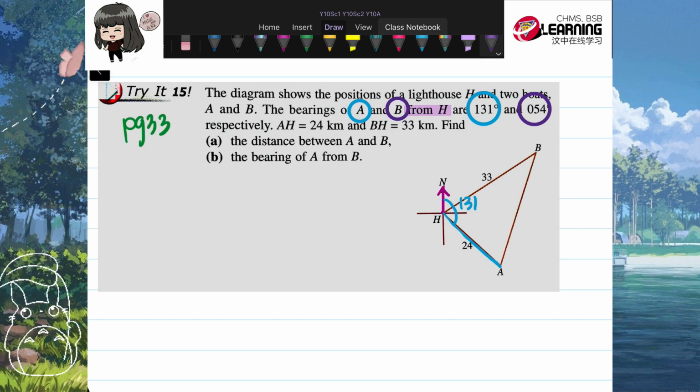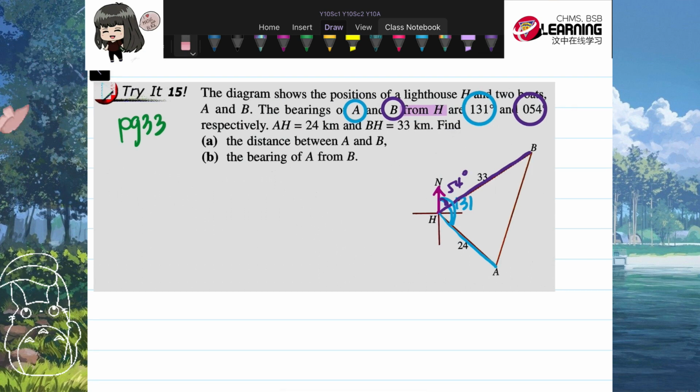And for B, also from H, the connecting line H to B is 54. 131 is this whole thing, but 54 is this whole thing. I'm going to erase the connecting line. So 131 is here, this whole thing, and from here until here is only 54.